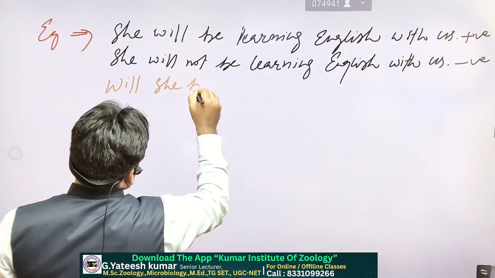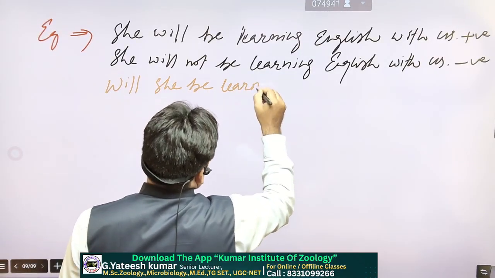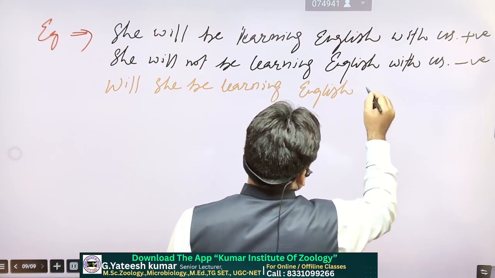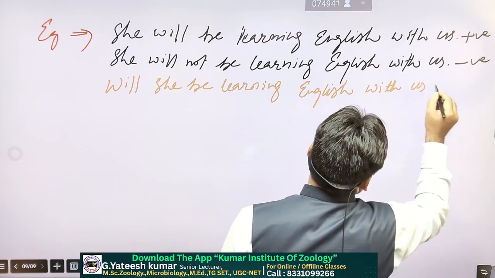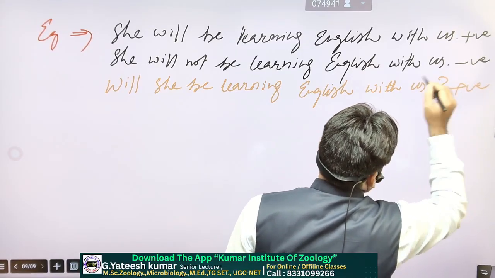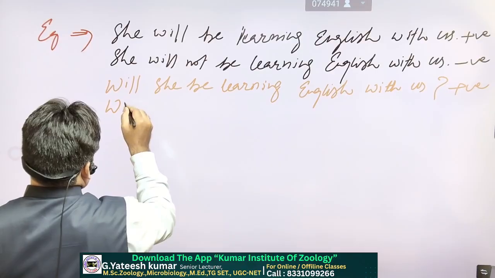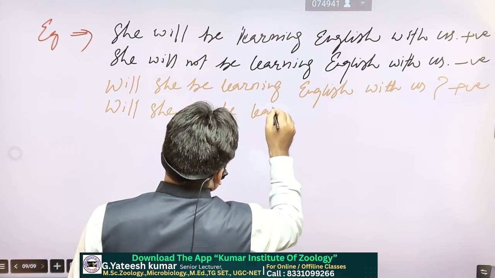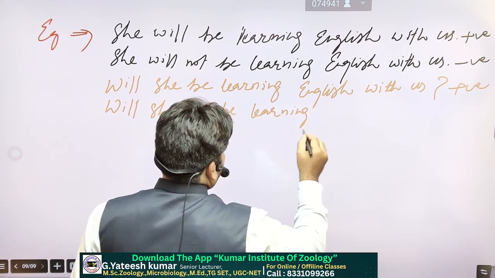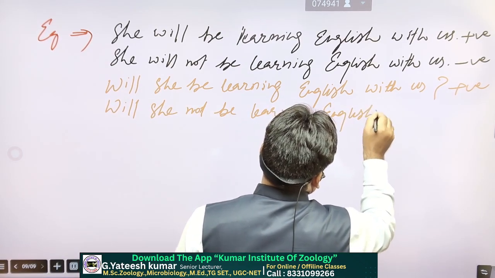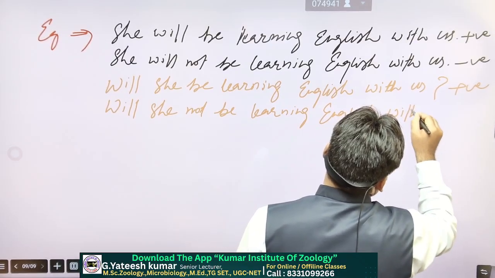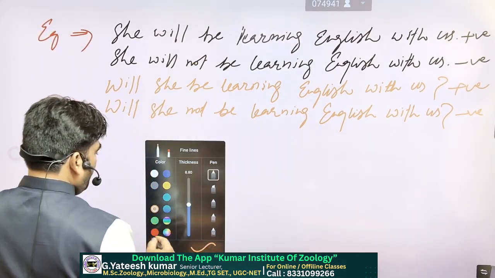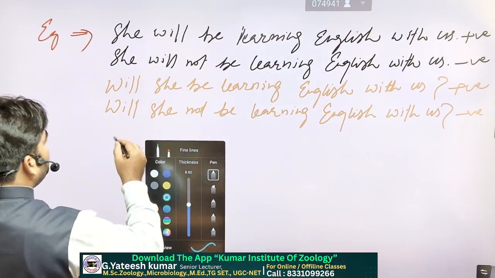Will she be learning English with us? Yes/no type questions, positive. Will she not be learning English with us? Yes/no type questions, negative. Then the same we can do in WH questions also.